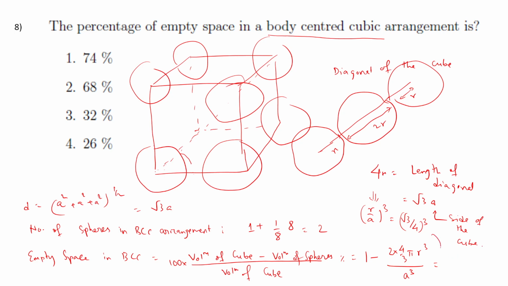You just put this in, and this has to be multiplied with 100. So when you put in this (r/a)^3, you will get around 32%.